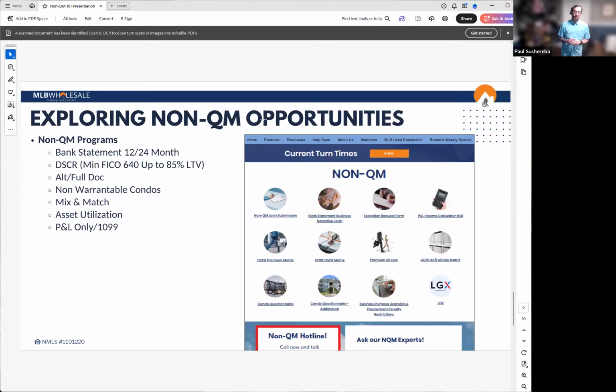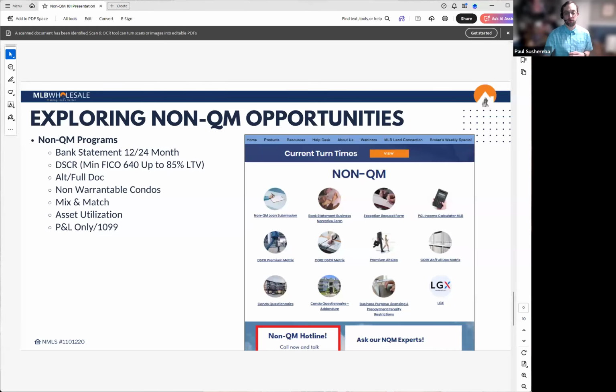The wife was a 1099 nurse. We gave her credit for that 1099 income. And on top of that, we used both of their retirement accounts for asset depletion. So we packaged together 5 different streams of income for these guys to get them into a $1.2 million house as a primary residence.